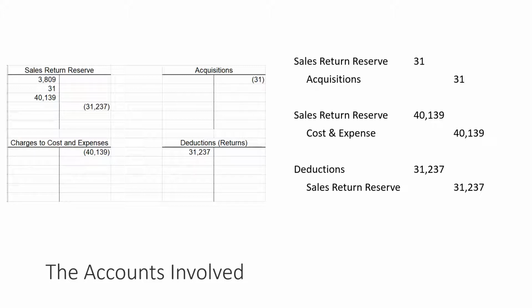What happened was we can see that the sales return reserve was actually debited, which made the account decrease, and then the deductions or returns were increased. So when I put together this assignment, I have been working under the assumption that the deductions, as they were named in the previous slide, are the returns.